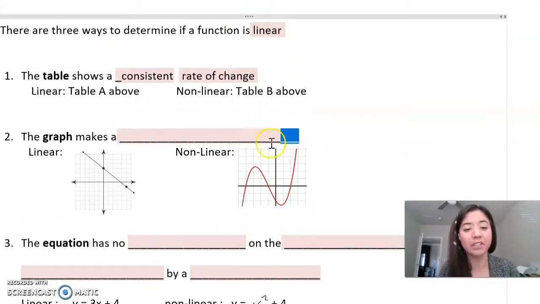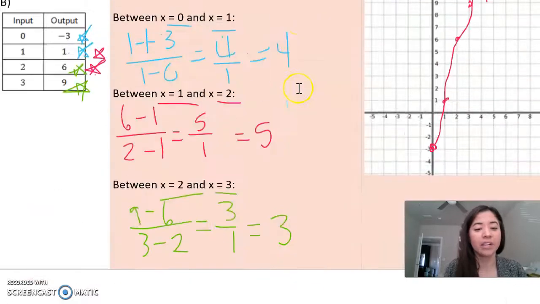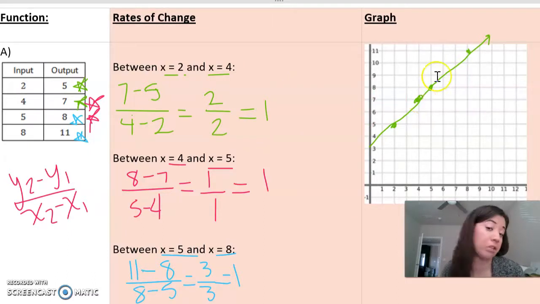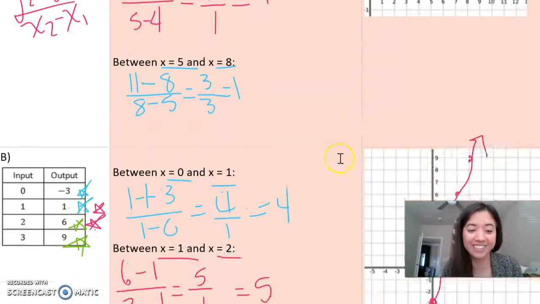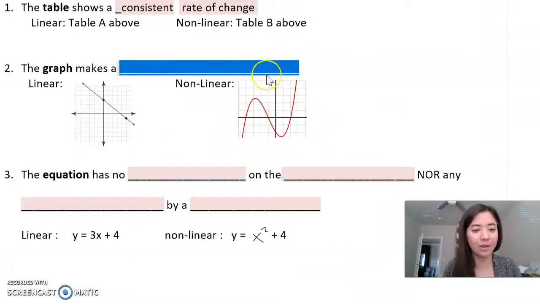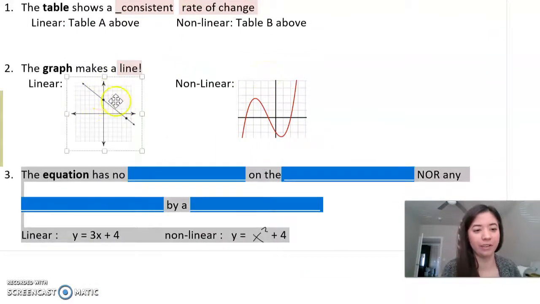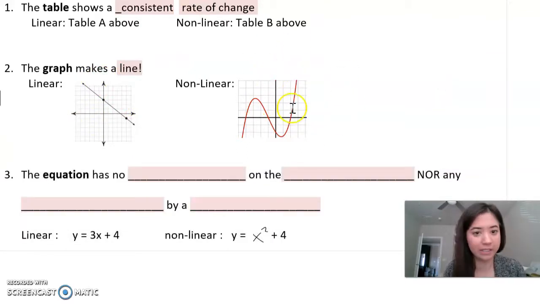The next thing we can do is look at a graph to determine if it's linear, a line. You're simply just asking, does my graph look like a line? Then it's linear. So it makes a line. So this would be an example of a linear function. This one would be an example of a nonlinear function.